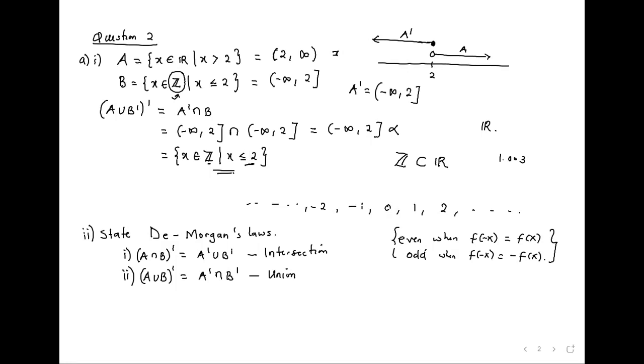A was greater, so its complement will be less. That's why it is less. We're interested in the complement of A intersection B. In B, there is less than or equal to. In the complement of A, there is also less than or equal. All right, thank you, sir.